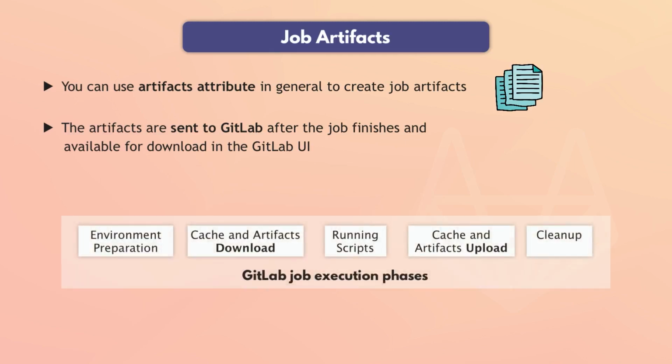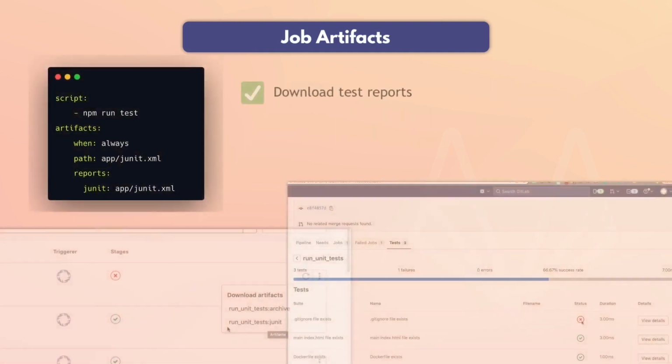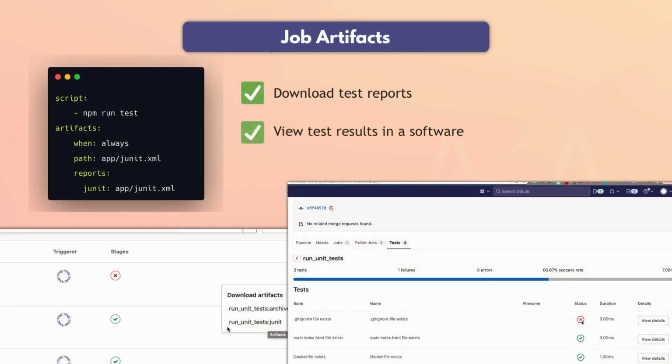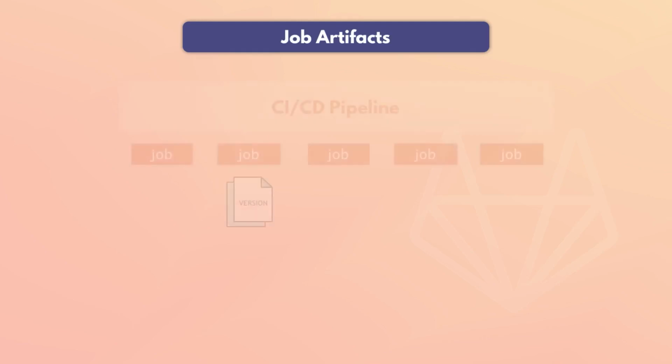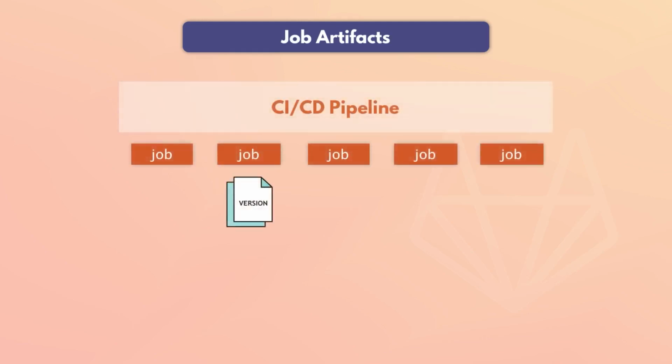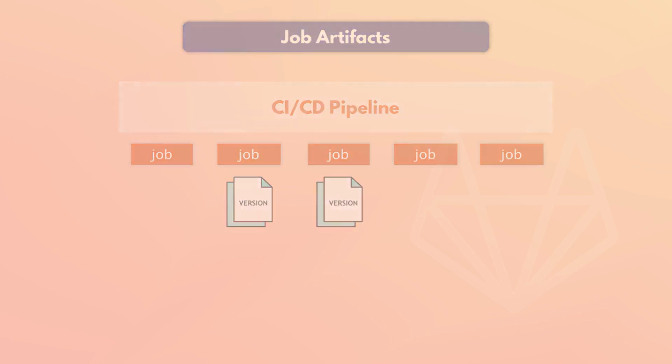So artifacts is used in GitLab CI/CD to pass any intermediate build results between the jobs. So in case of the test reports, we generated reports to download them and maybe view them in a respective software. In this case, we can use the artifact to generate a file that contains the version that other jobs can access. So let's see how to do it.